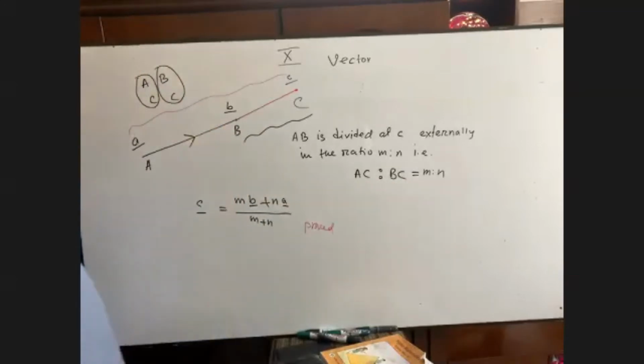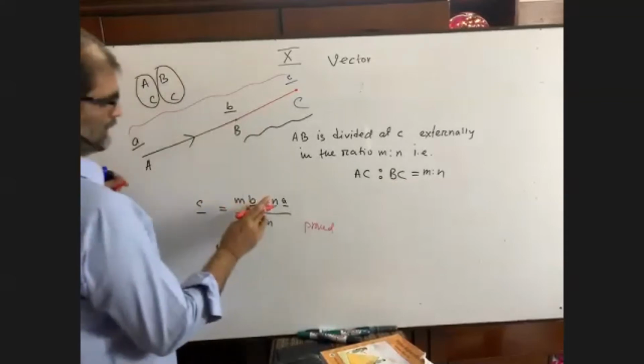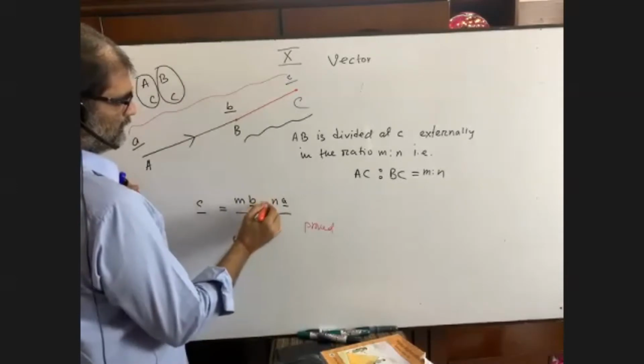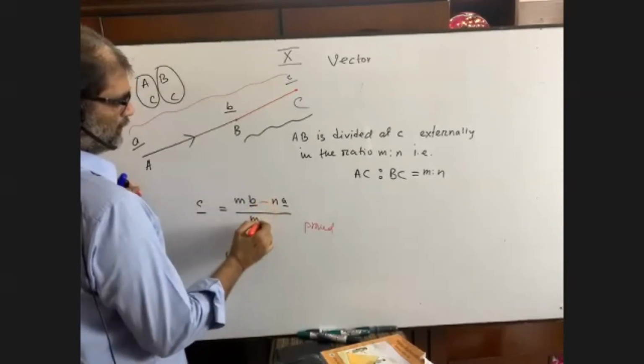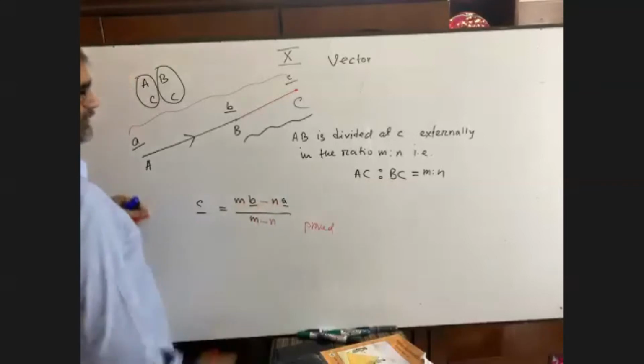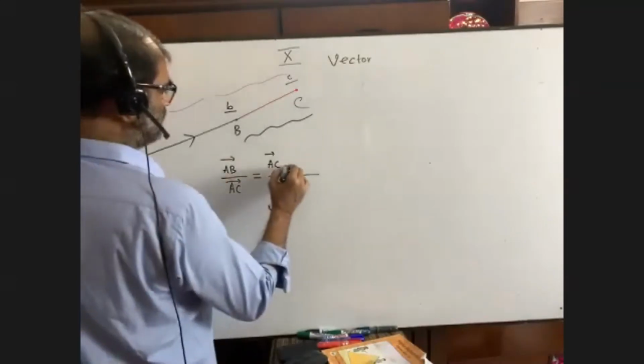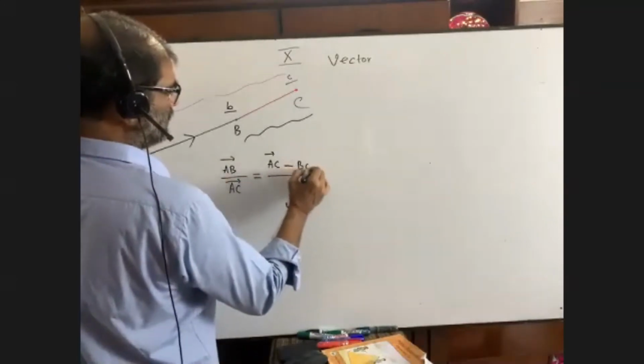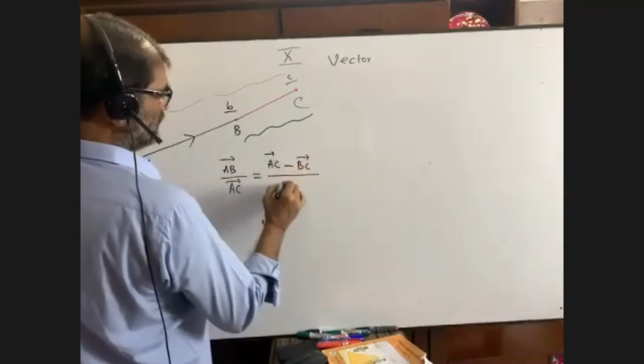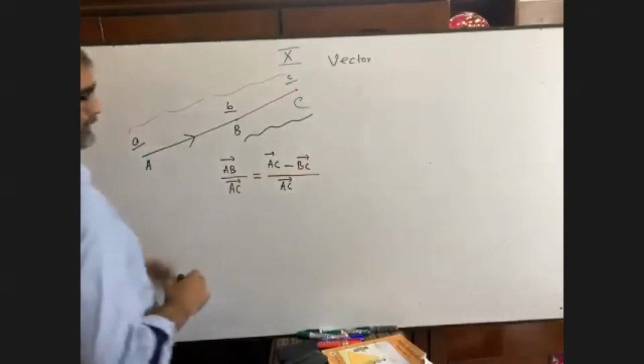Please try to understand. In this case, it will be negative. And all of you are required to prove this and write down AC minus BC. Now it is okay. I'm sorry for that.